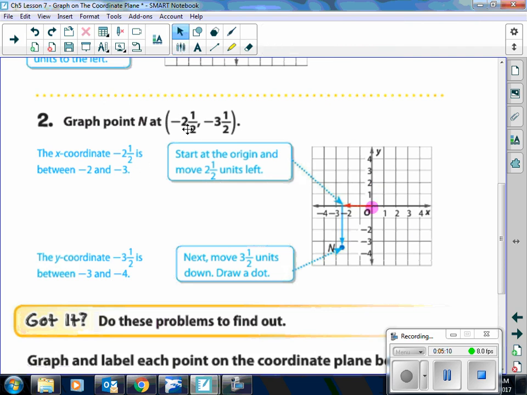We're going to go to the left 2 1/2, so that's negative 1, 2 1/2. Does everybody see it's right in the middle? And then we're going to go down 3 1/2, because that's a negative 3 1/2. So we're going to go down 1, 2, 3 1/2. Does everybody see where that point is? It's right in the middle. Does everybody see that?